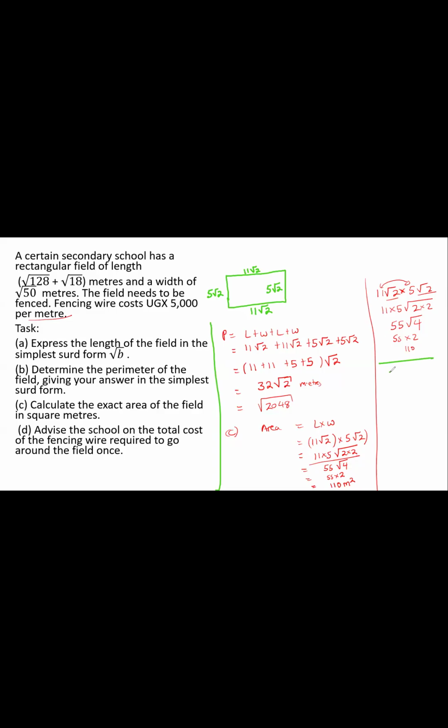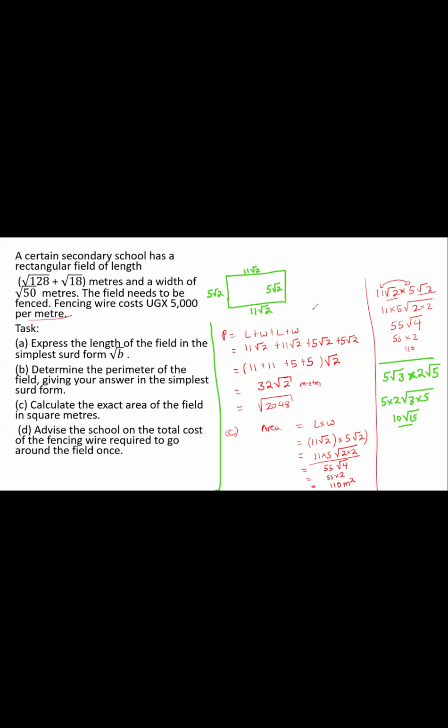Let me say you have 5 root of 3 and you are multiplying times 2 root of 5. As long as between the two roots it is multiplication, you multiply the 5 times the 2, and 3 times 5. So here you would have gotten 10 root of 15. Okay, hope that is okay.